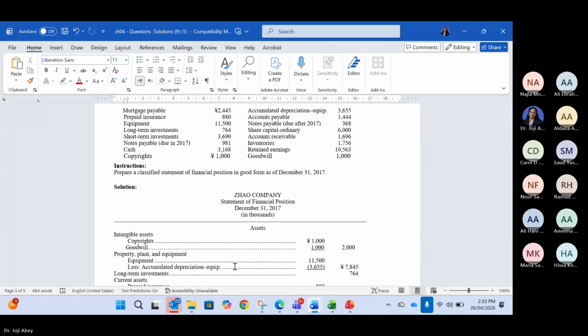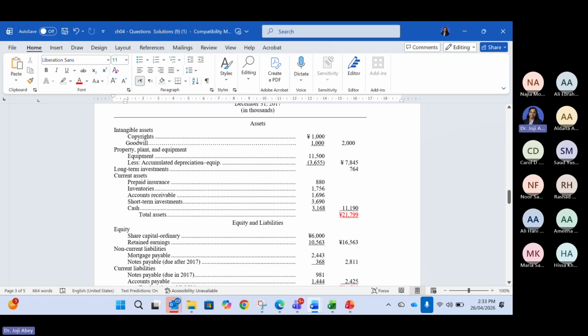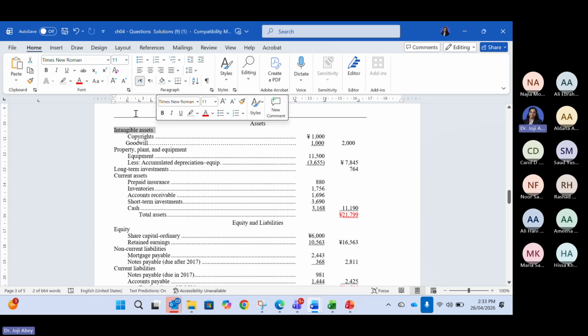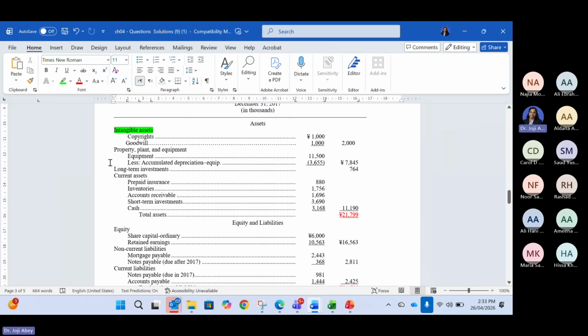Then from this, here is the classified part. Intangible asset, property, plant and equipment, long-term asset, and current asset. 3 items are given. Intangible asset means an asset which is not able to move.